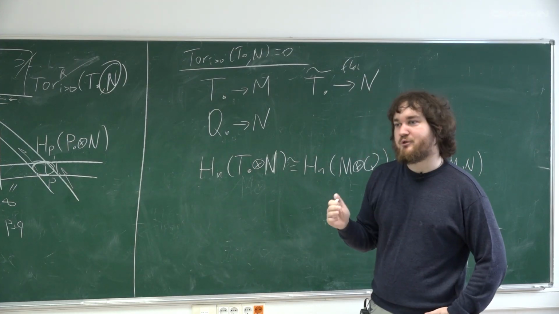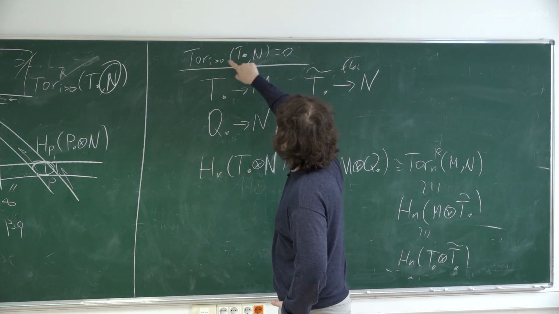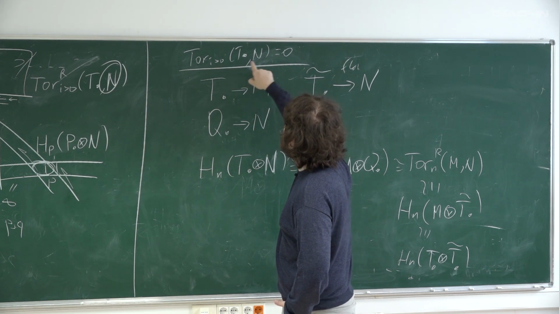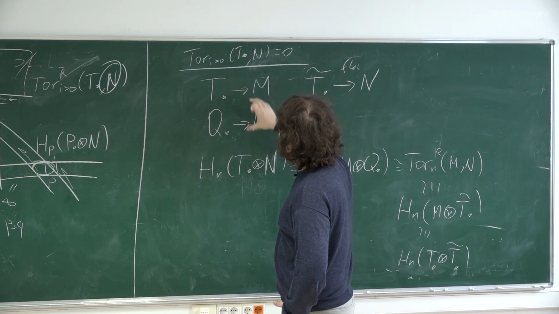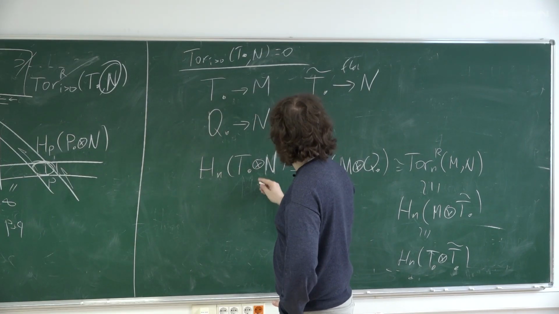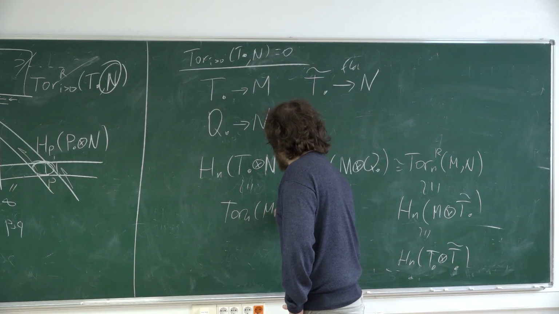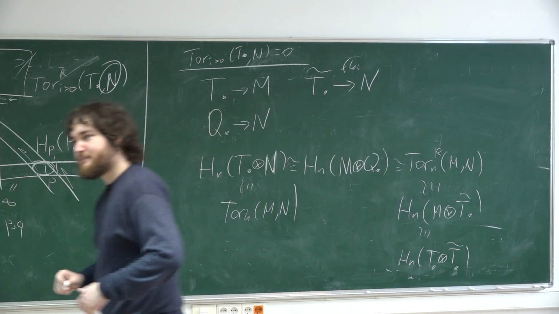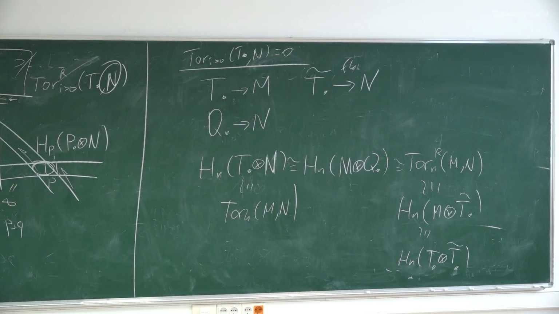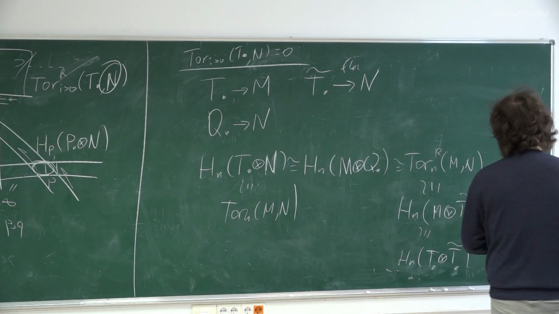So if you have a resolution of a module such that all non-trivial Tors of the modules of this resolution with some other module are zero, then you can apply this resolution of M to calculate this thing as Tor. Do you agree? And for another module also.